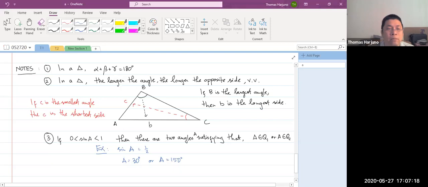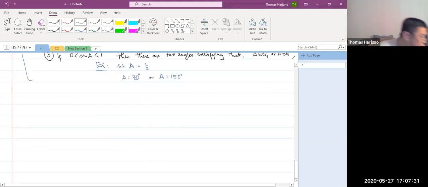Now, we will use these three principles for the rest of our sections, and even the next chapter, section 7.2.